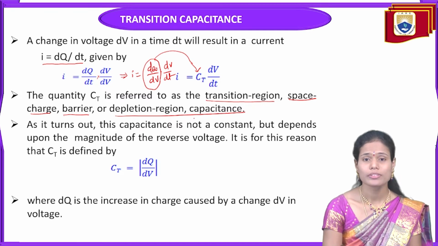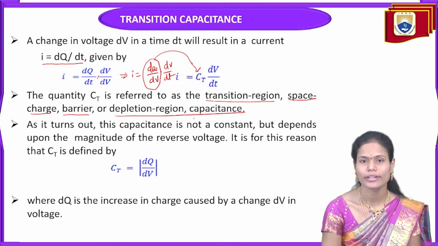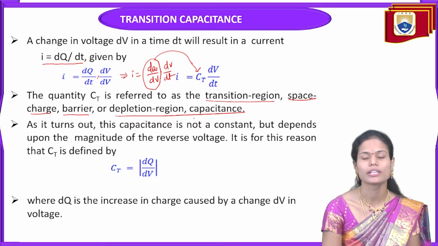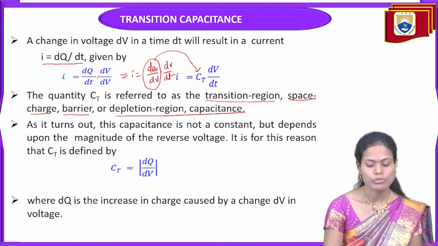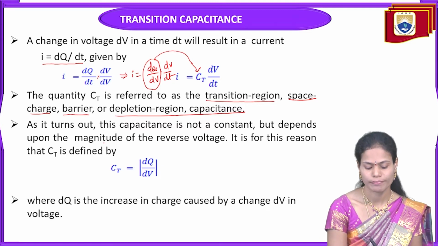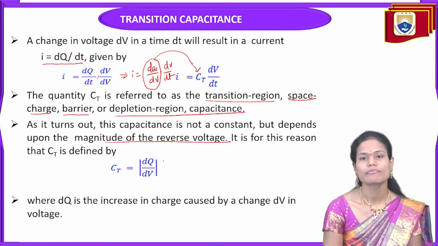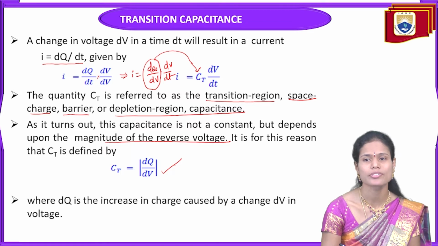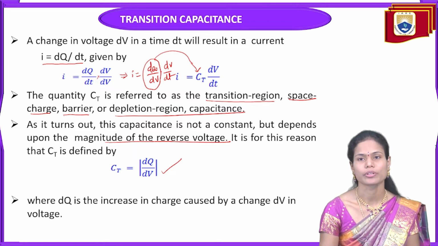This capacitance is not a constant value; it always varies with the applied reverse voltage in the device. It always depends upon the magnitude of the reverse voltage, which is why we write it as dq by dv. The transition capacitance is the change in charge due to the change in voltage.